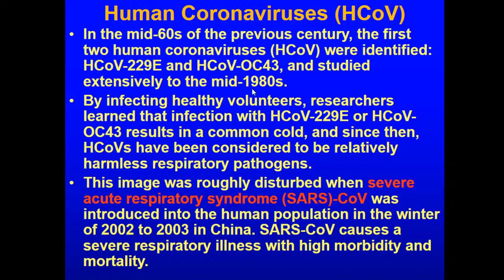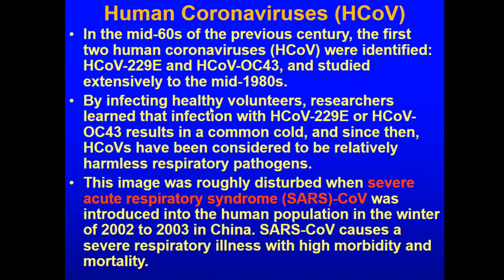By infecting healthy volunteers, the researchers learned that infection with these two human coronaviruses resulted in very mild disease or no disease at all. If the disease was symptomatic, it used to cause a common cold and maybe slight GIT problems like diarrhea, but not so much else.